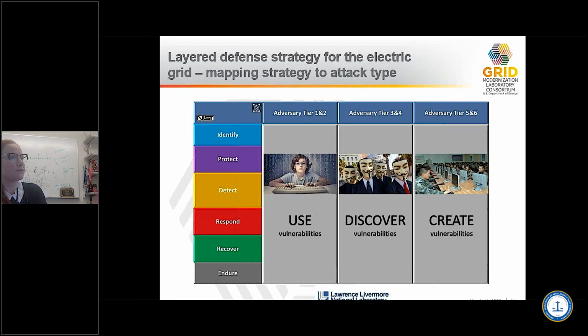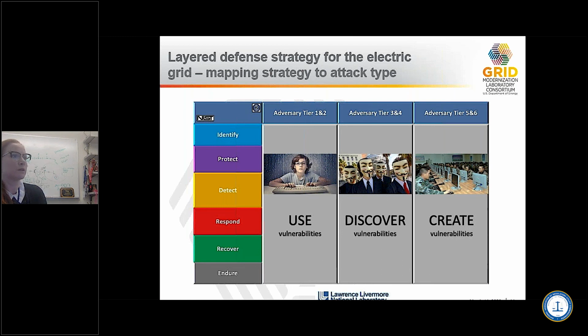So the last piece I have in here, we talked a little bit about identify and protect in this strategy. What I didn't necessarily mention was the types of adversary that you might be facing in the system. The Defense Science Board has created the adversary tiers that are across the top of this, and this mapping is something that we've worked on at the lab of how we translate what we're doing into something that makes sense to the industry.